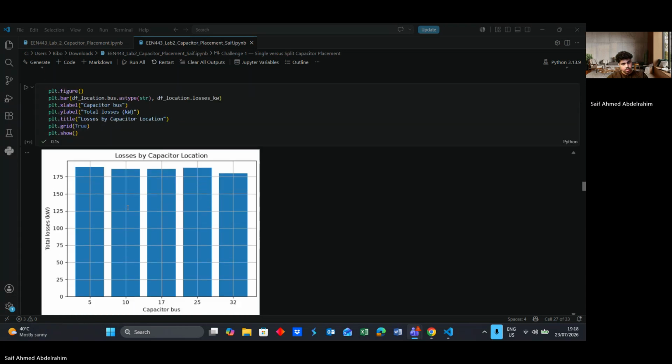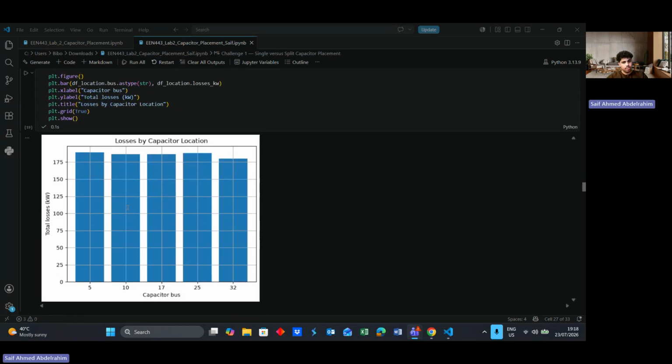The losses graph shows that bus 32 gave the lowest losses, approximately 180 kilowatts. Therefore, the best location for improving voltage was different from the best location for minimizing losses.